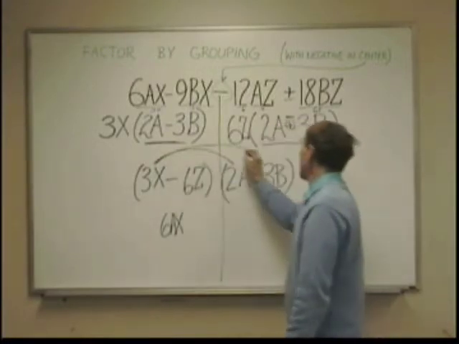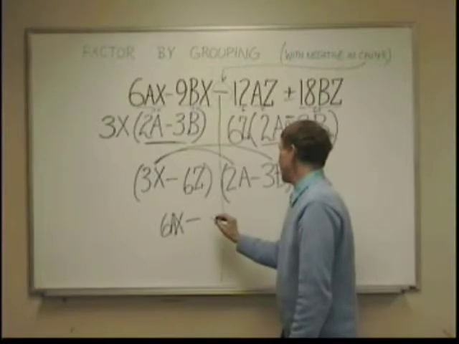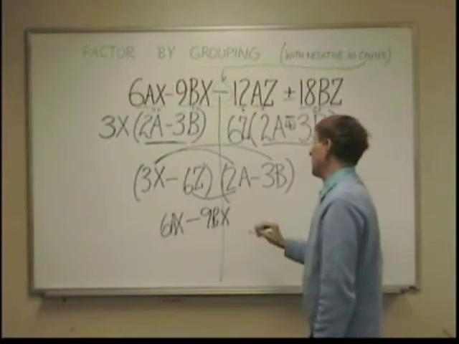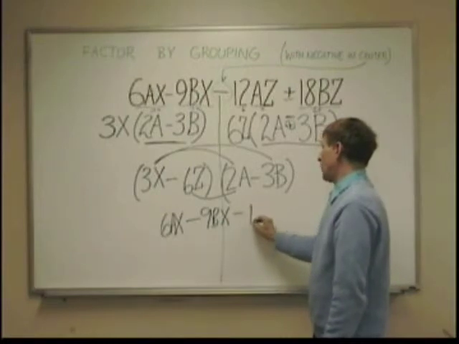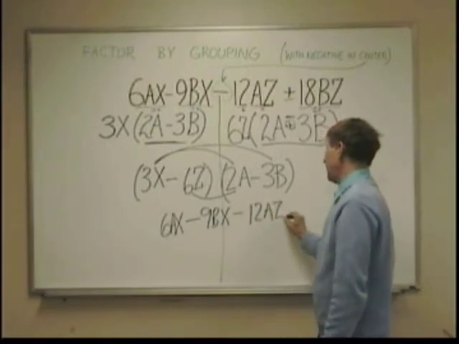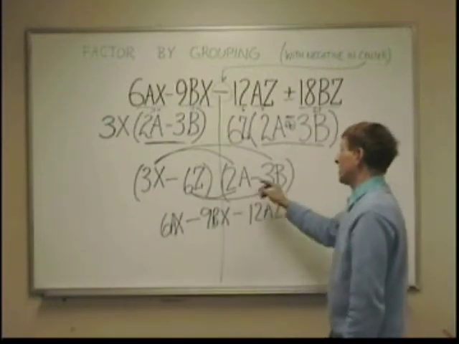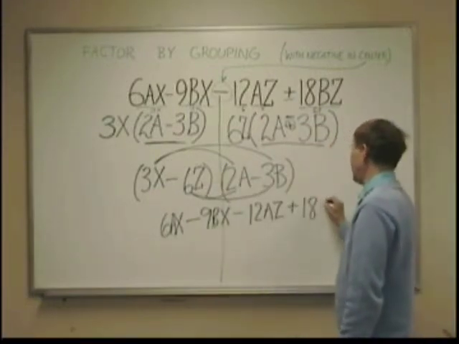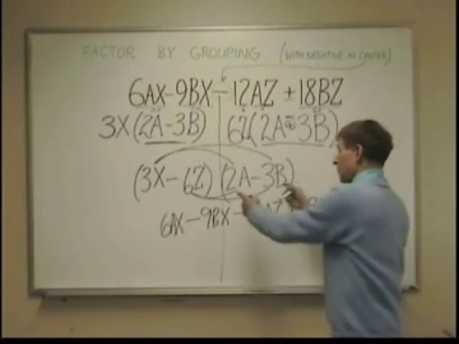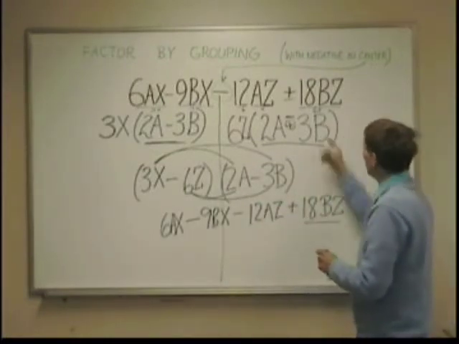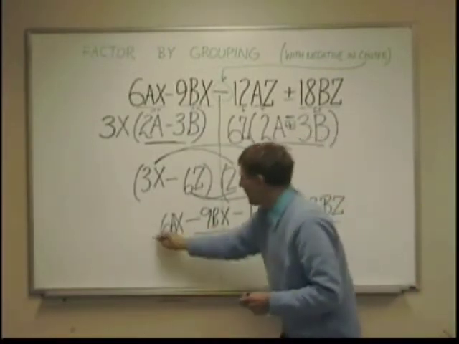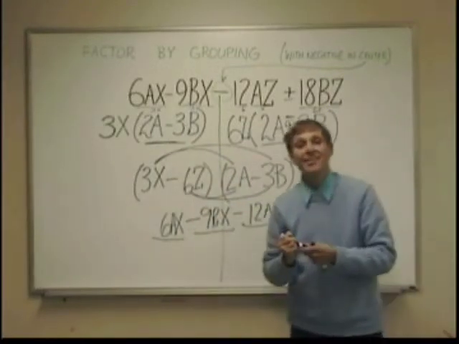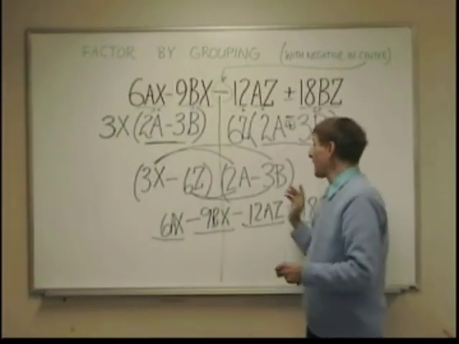And then I have outer, which is minus 9bx, and inner, which is minus 12az, and last, which is a negative and a negative, a positive 18bz. I'm just putting the letters in alphabetical order, but all the elements here are down here with their signs, 9bx, 6ax, so it checks out using FOIL. Those are my two factors.